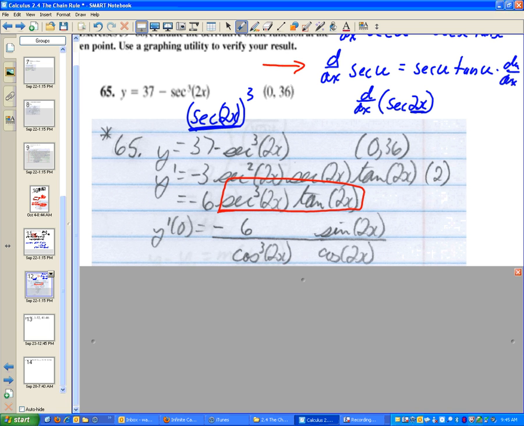So, see, I just copied down the negative 6, and then instead of secant cubed 2x, I made it 1 over cosine cubed 2x. Right? Because secant is 1 over cosine, so secant cubed is 1 over cosine cubed. And then tangent, I went ahead and changed that to the sine of 2x over the cosine of 2x.